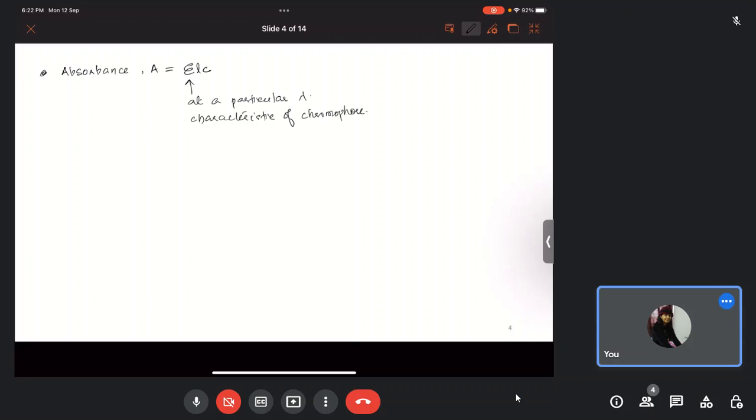So if you have a solution of a particular chromophore, the absorbance is not going to change provided the concentration and the path length are the same. The other two parameters that can affect the absorbance value are the path length or the concentration, if you have a particular chromophore and you are measuring the absorbance at the same lambda value.